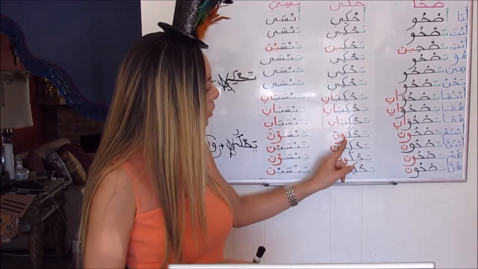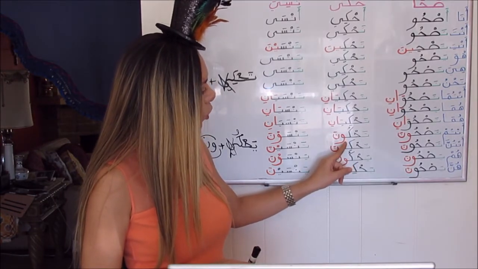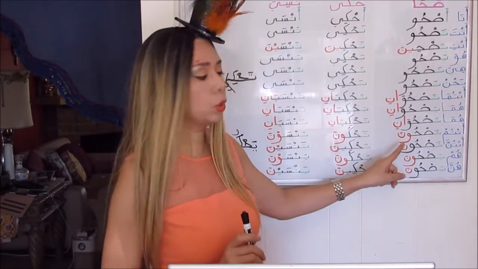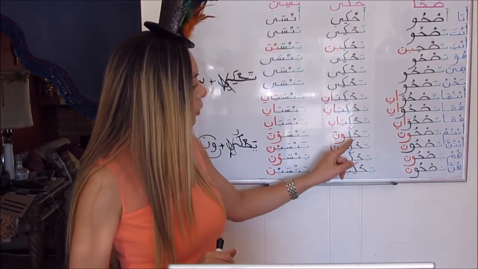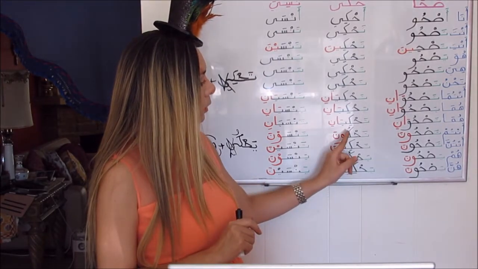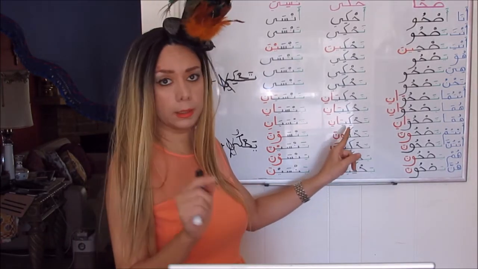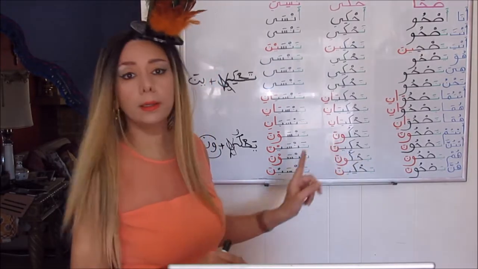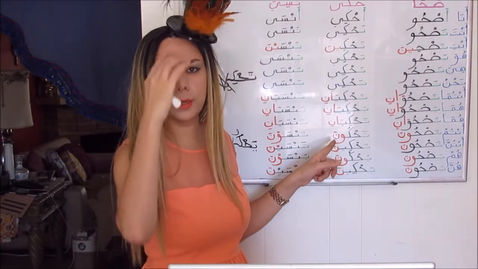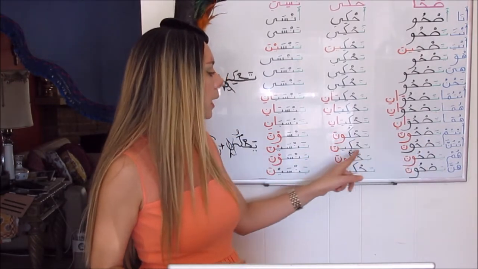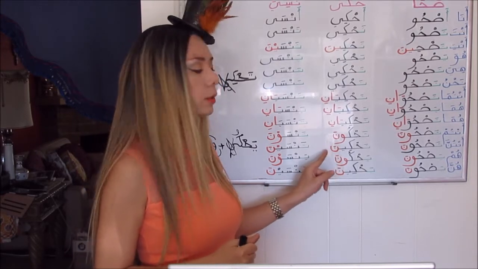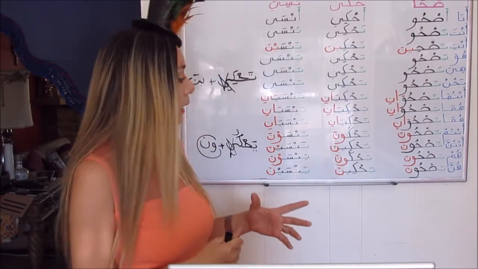Here the kasra is gone together with the ya and is replaced by a dhamma to match the following waw. Antum tahkuna, you are narrating. Antunna tahkina, because we just add the suffix noon, tahkina.